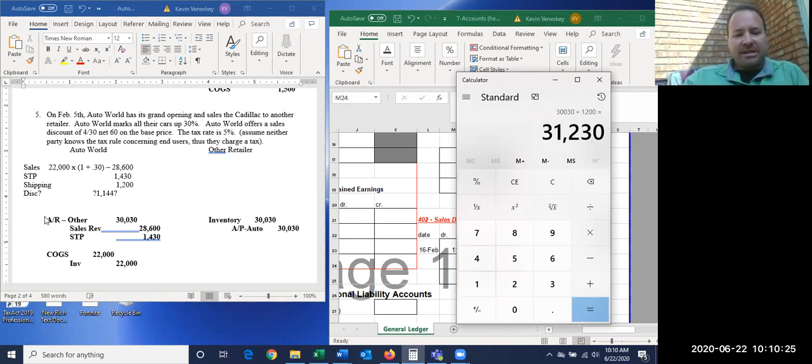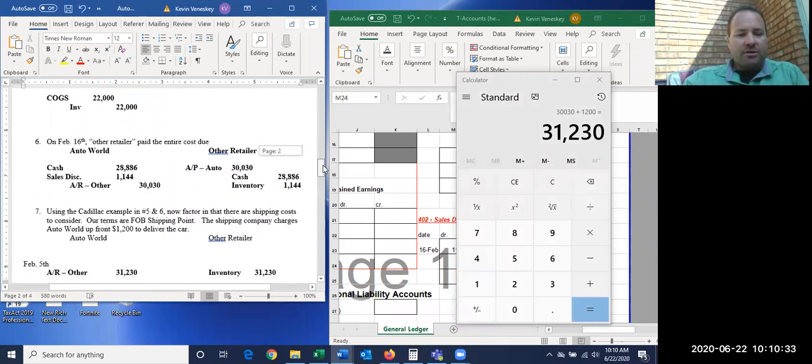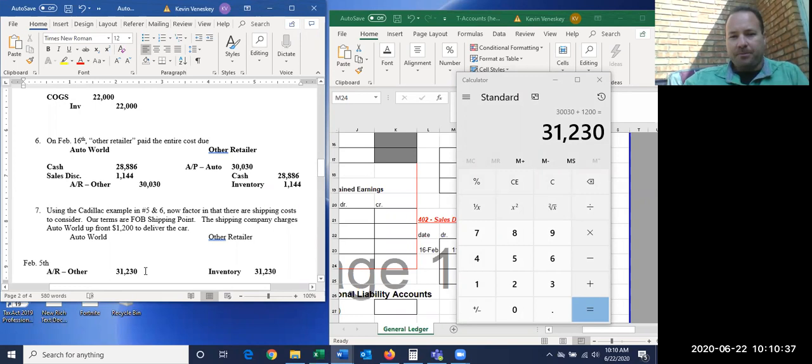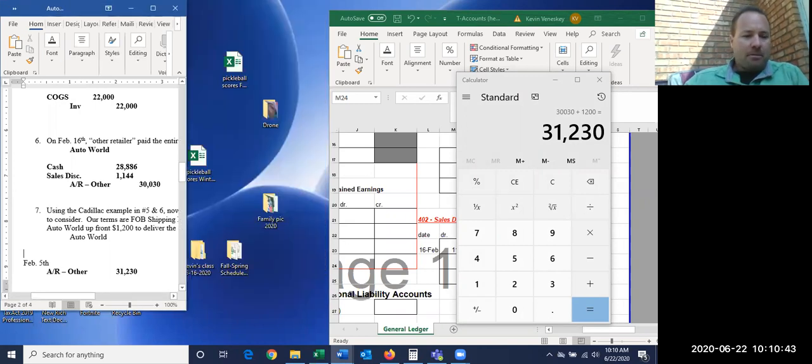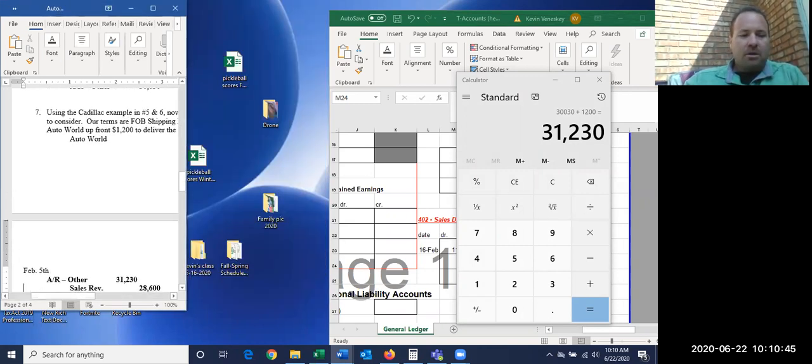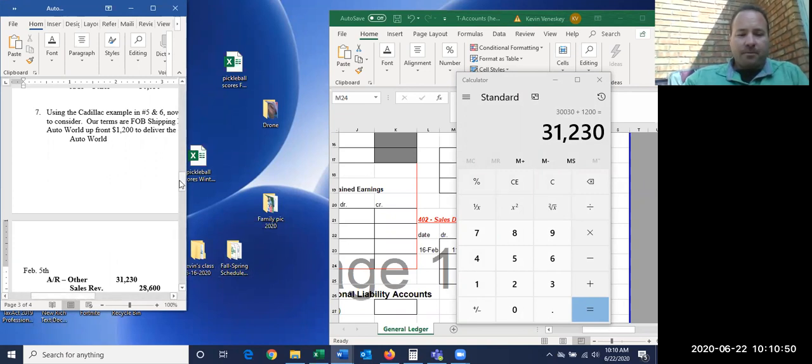So instead of the AR being $30,030, it's now $31,230. So I'm going to come down here and debit $31,230. The next two credits are going to be identical.